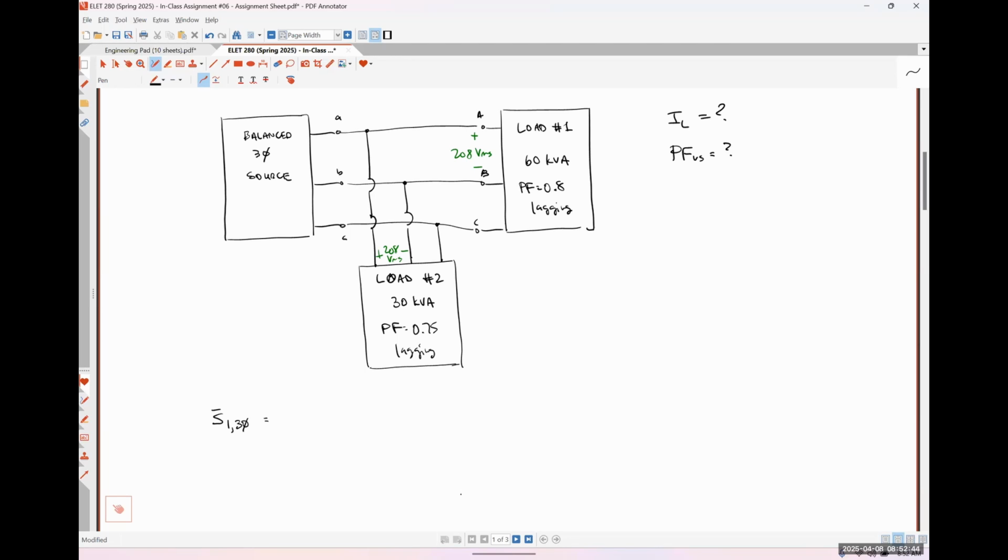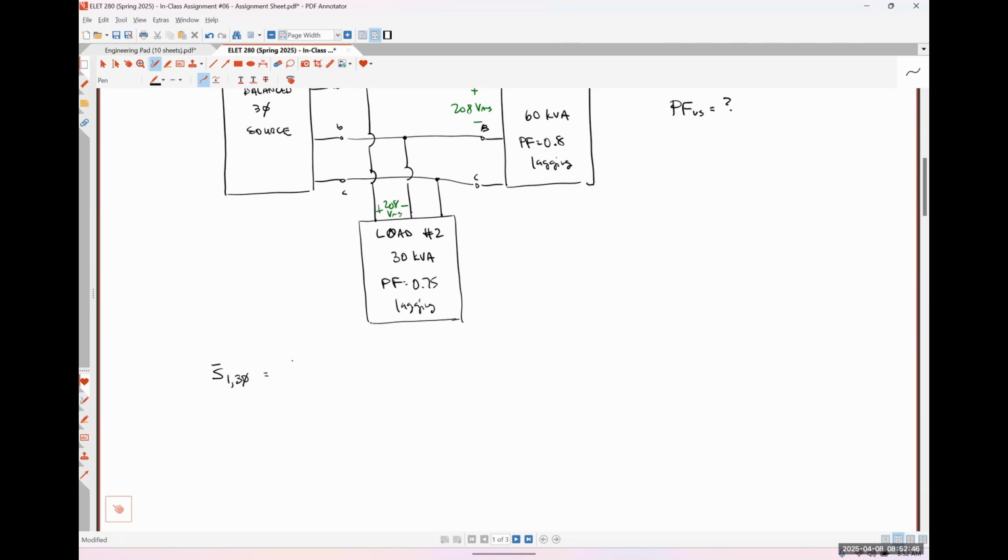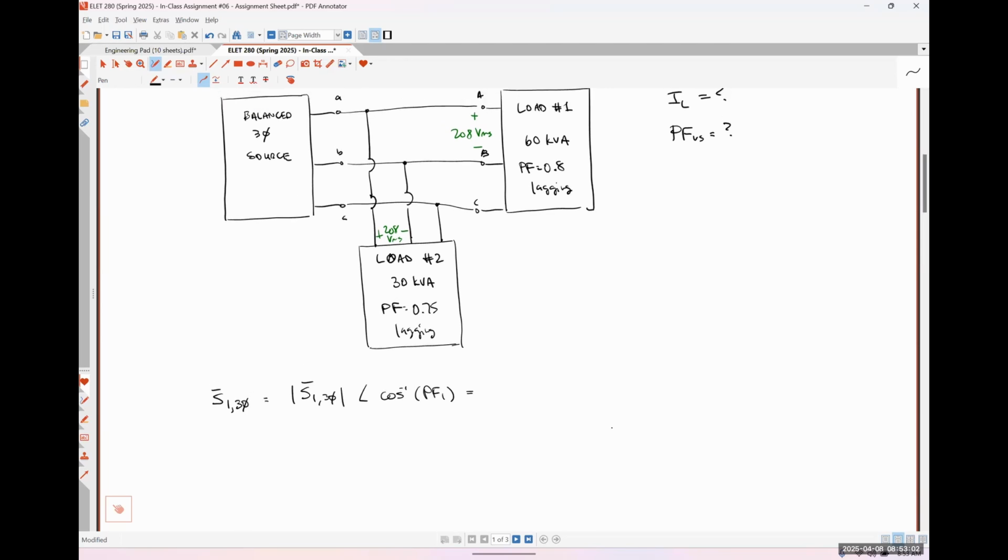So this should just be S1 three-phase with an angle of the inverse cosine of power factor 1, okay? We were given our apparent power of 60 kVA.